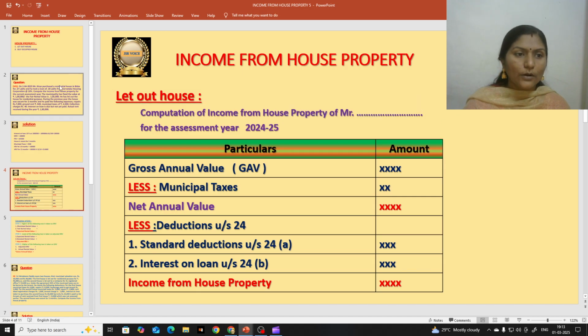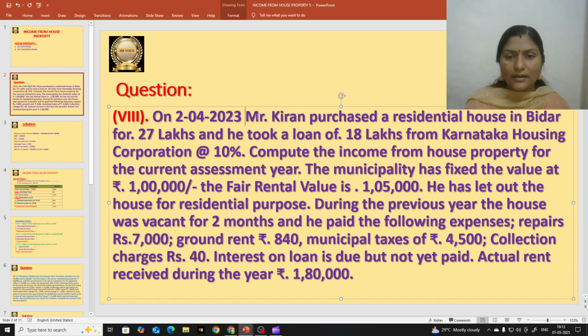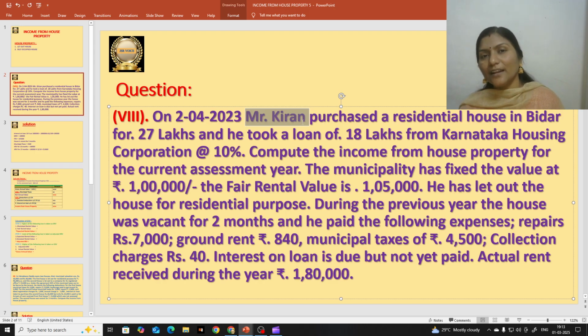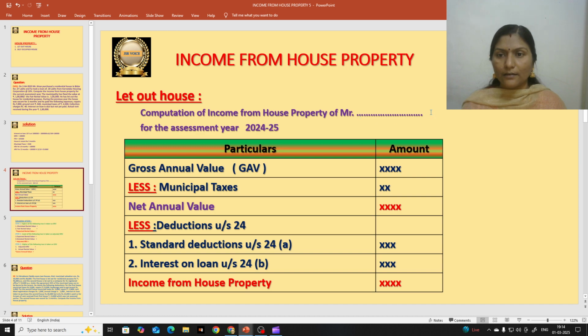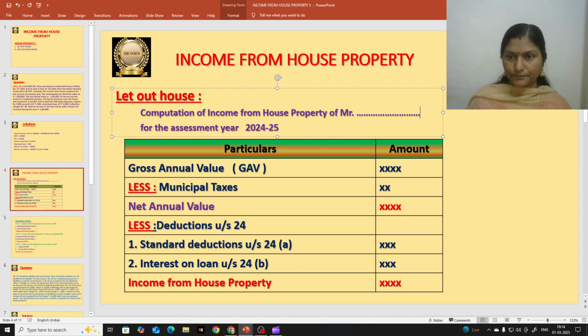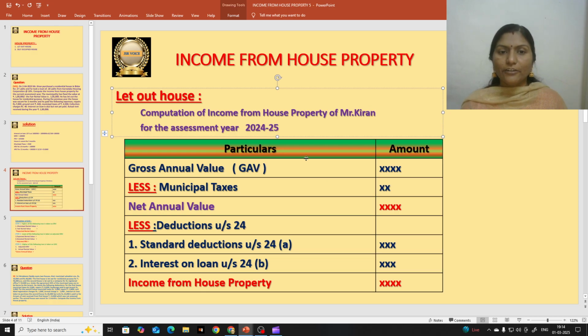Okay, so what is the name of the assessee? You can see here the name of the assessee, Mr. Kiran, who is the owner of the house. Kiran, we are going to calculate house property income for Kiran. So Mr. Kiran is our assessee. Let us go and record here Mr. Kiran. Okay, he is our assessee. For the assessment year 2024-25.